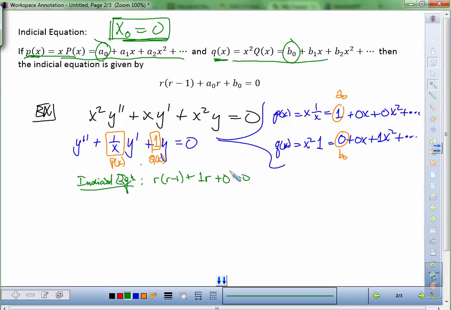And if you solve for r, what's r equal to? R is equal to 0? Okay? Is that good? All right, good.